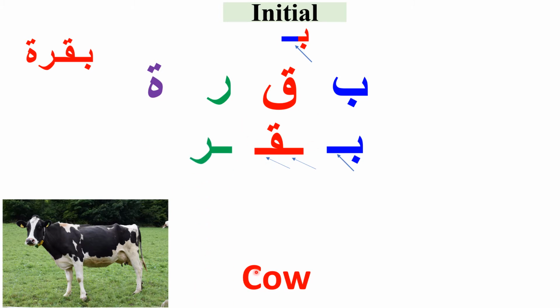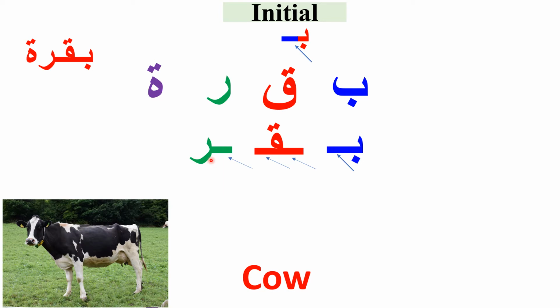The same thing for the ra letter, which is also extended so that it connects with the preceding letter. You might ask why the R sound is not connected with the following letter and there is no extension. Well, the simple answer is that the R letter is a letter that can only connect with a preceding, not with a following letter.